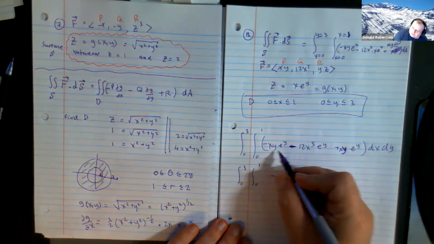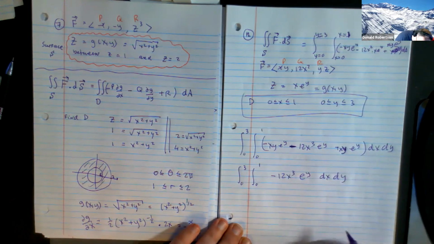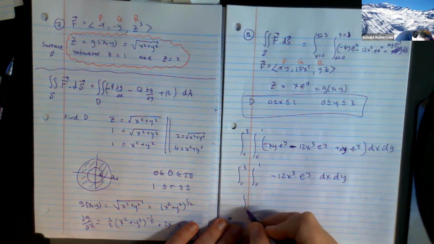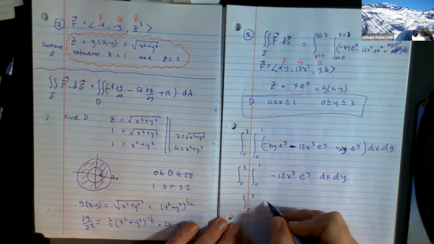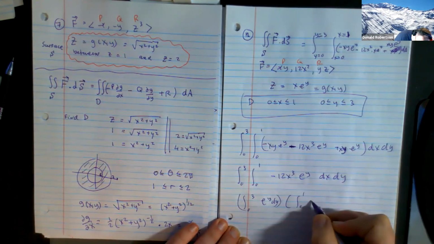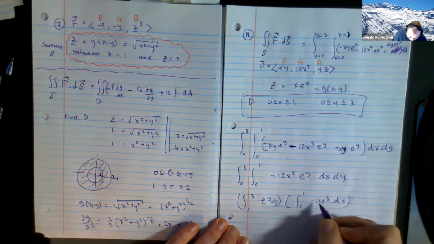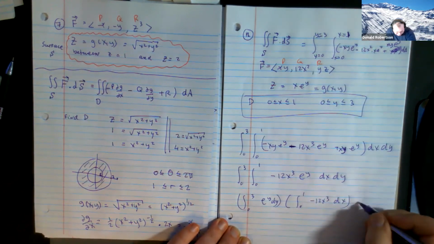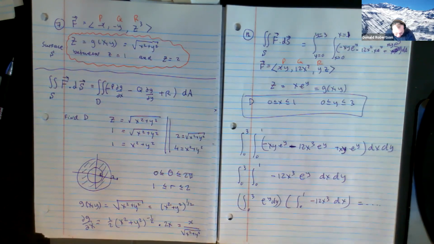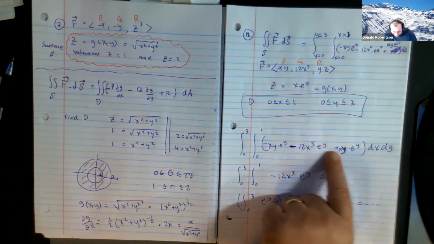Negative xy, positive xy. So how about from 0 to 3 of e to the y, and 0 to 1, that guy. Dot, dot, dot. Yeah, I was going to go some really bad place there.